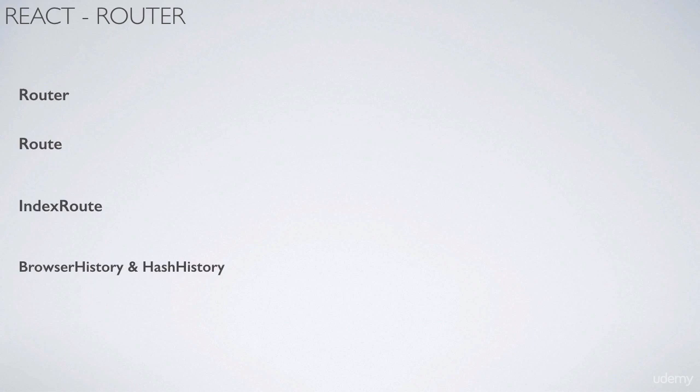Router wraps all our React app and registers the internal routes. Route allows us to define routes and the respective component to render. Index route allows us to define which component should be rendered first when our main component is loaded.